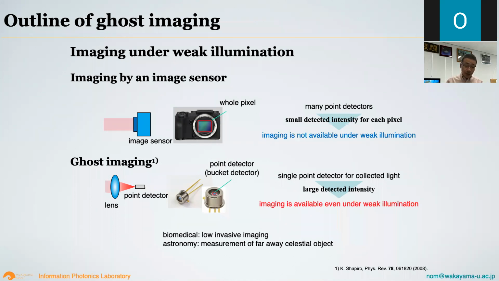So it is useful for biomedical imaging, low-invasive imaging, or astronomy, measuring faraway celestial objects. So ghost imaging uses only the point detector, the bucket detector.